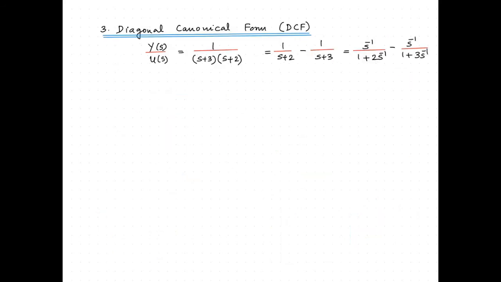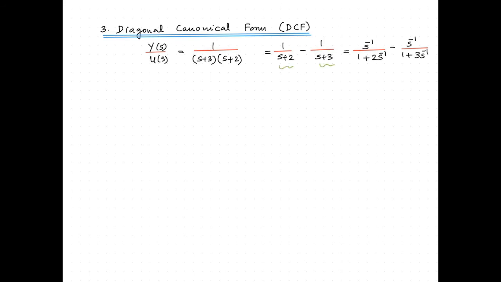Let us also discuss the diagonal canonical form. Here in the diagonal canonical form, the first order factors are obtained by using a signal flow graph in the parallel form. So here the transfer function is given by 1 by (s plus 3) into (s plus 2), and it can be written in the factored form as 1 by (s plus 2) minus 1 by (s plus 3).